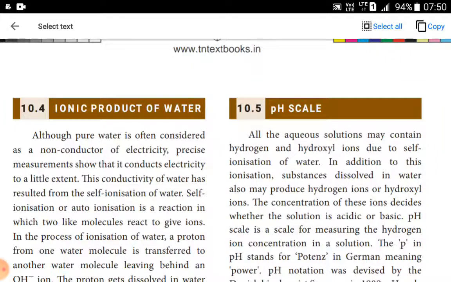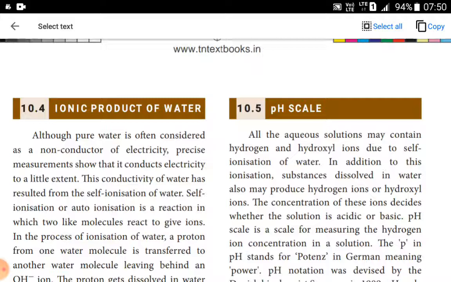Ionization is a process of loss or gain of electrons by an atom. Normally, an electrically neutral atom or molecule is converted into an electrically charged particle.